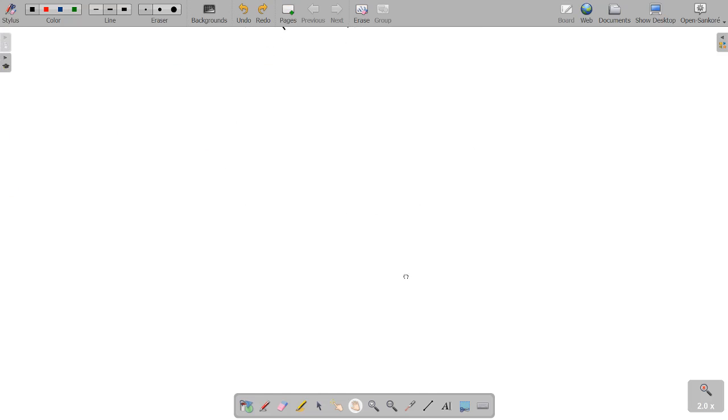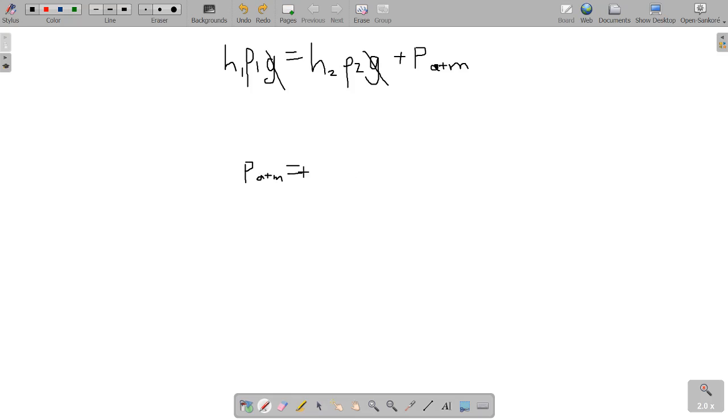So P ATM is not only equal to 101325 pascals. It's not the only way you can represent atmospheric pressure. You can also represent it as 760.0 mmHg. What does this mean?